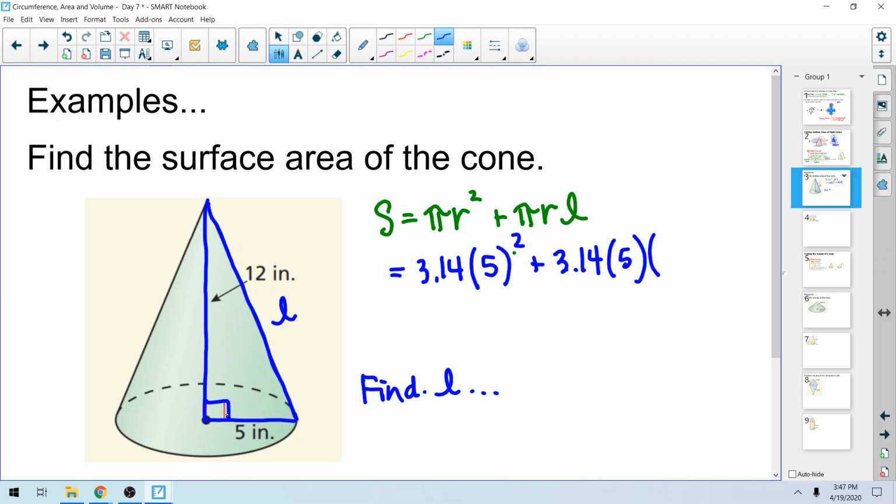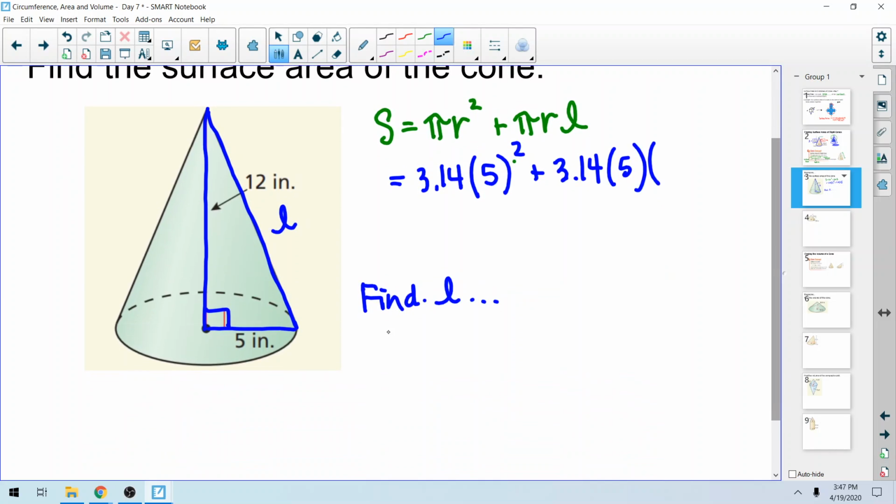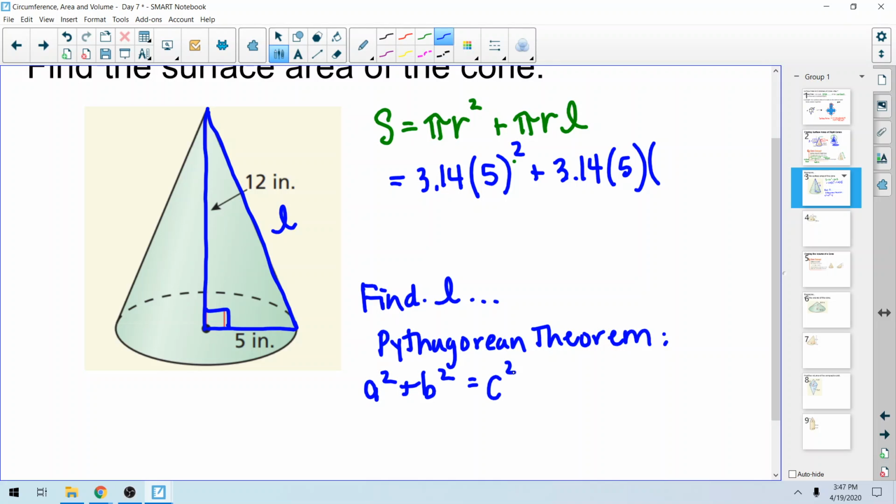On a right triangle, we have this thing. It's called the Pythagorean theorem, if you remember anything about that. The Pythagorean theorem is a squared plus b squared equals c squared.